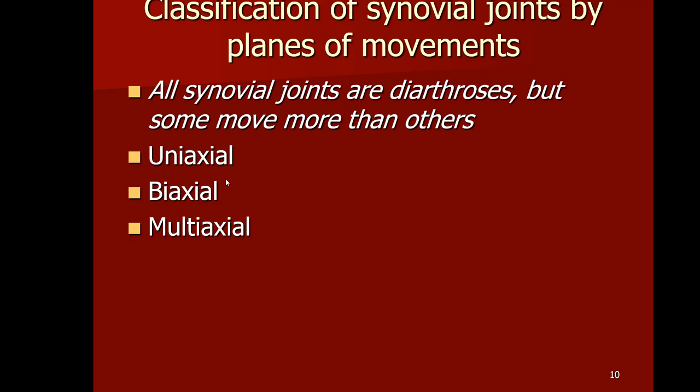So that would be biaxial. Multiaxial means you can do three planes of movement or around three axes. So if you take something like the shoulder joint, you can move in the sagittal plane back and forth. You can actually move out to the side in the coronal plane. Then you can also rotate it, and that would be the third axis. So that would be a multiaxial joint.